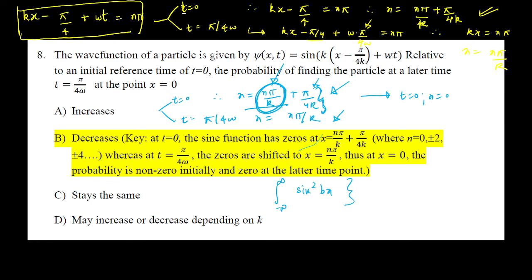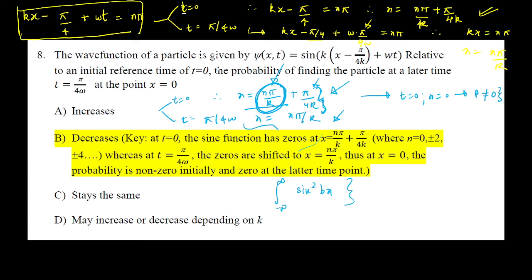So when time t is equal to 0 and x is equal to 0, the probability will not be equal to 0. It will have some probability, because irrespective of n pi, there is some other part as well, that is pi by 4k.